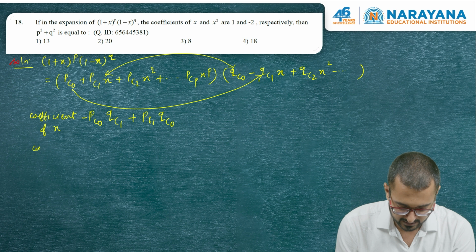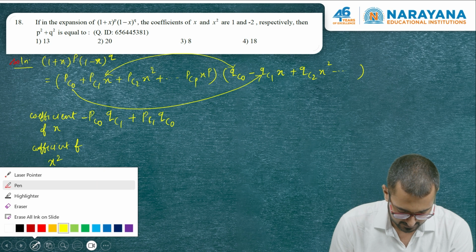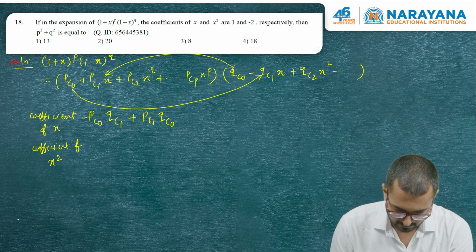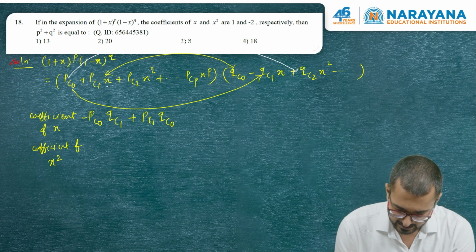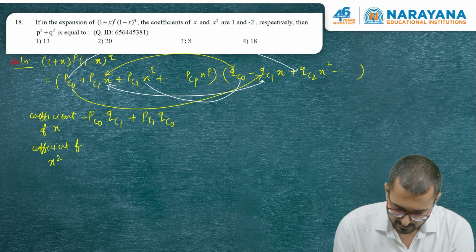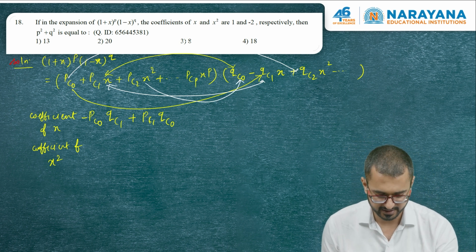and the coefficient of x square, let's write down. So the coefficient of x square we will get when we use this along with x square, and x along with x, and this. So 3 terms are going to give me x square, rest nowhere will I get it.